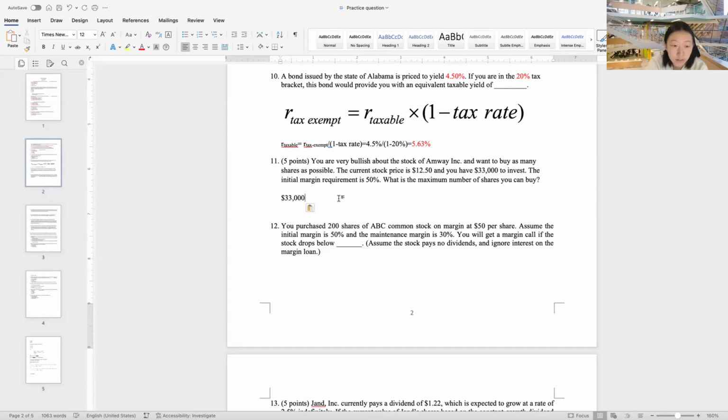There are various different ways of calculating this, I'm just using my way. If you got the same number, then your way is also correct. 33,000 divided by 12.5 is 2,640 shares.